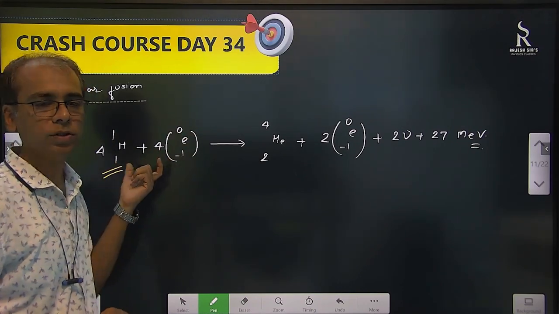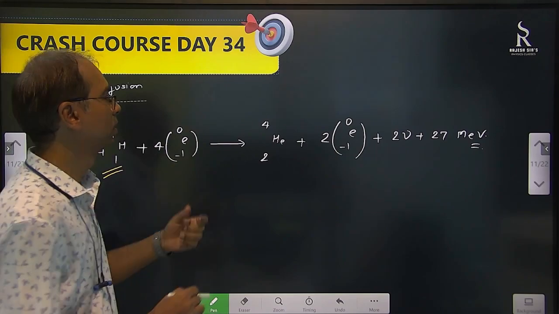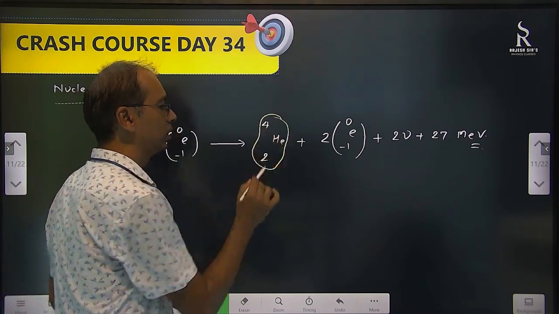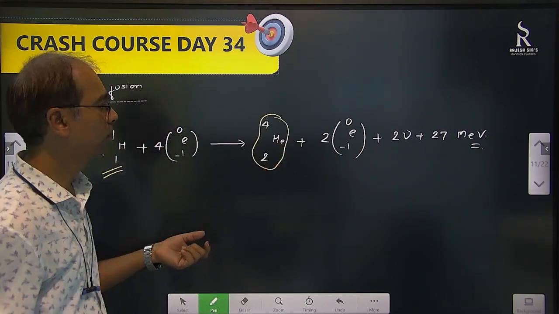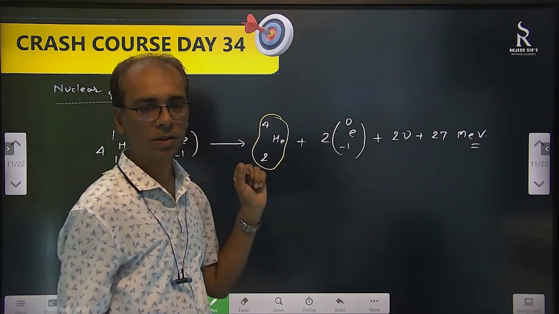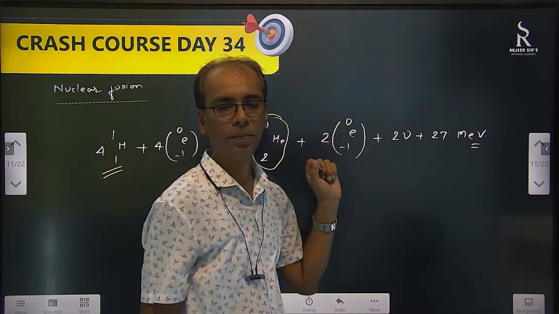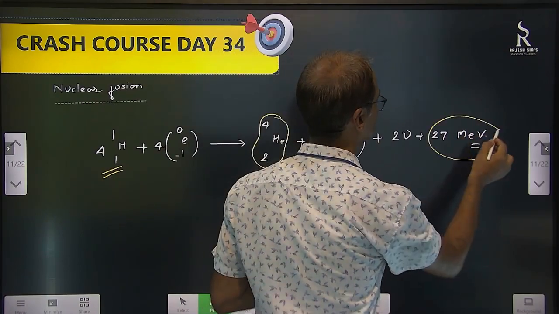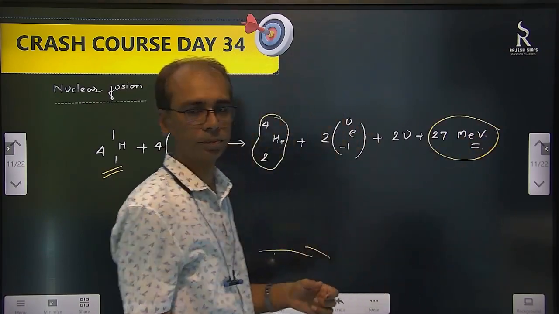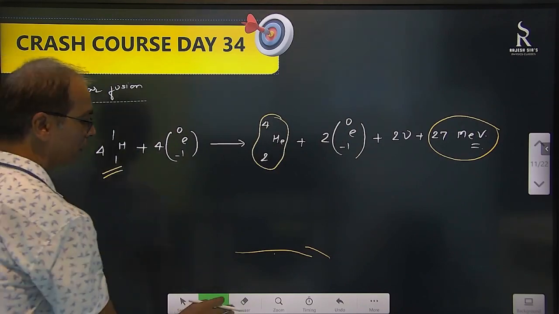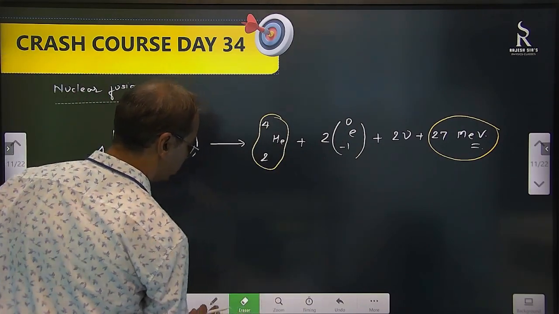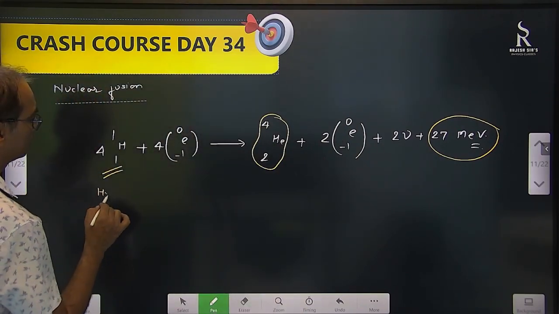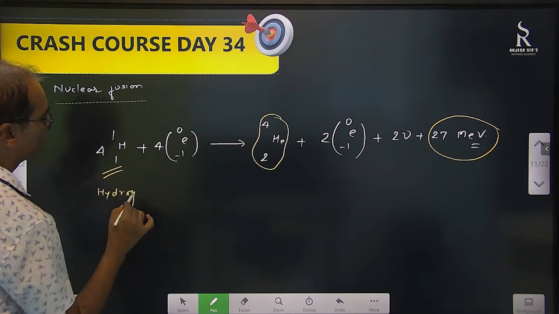So 4 hydrogen, 4 beta becomes helium. Helium is stable, we all know that. Then 2 more betas come. This is the neutrino. And then 27 mega electron volt energy is produced. This is what happens in nuclear fusion. And the hydrogen bomb is based on fusion only.